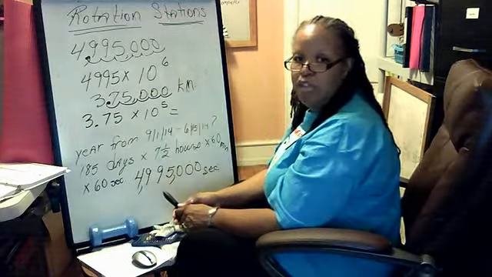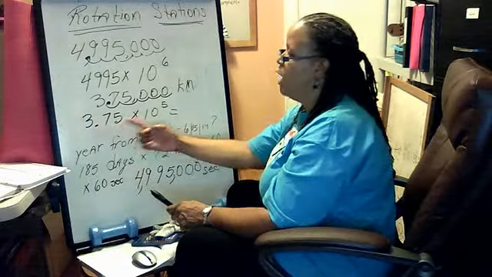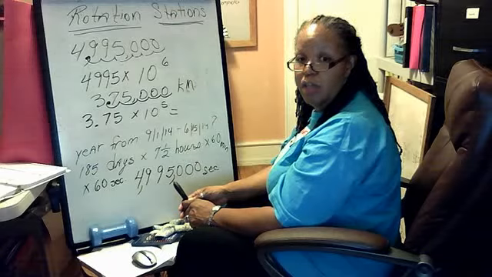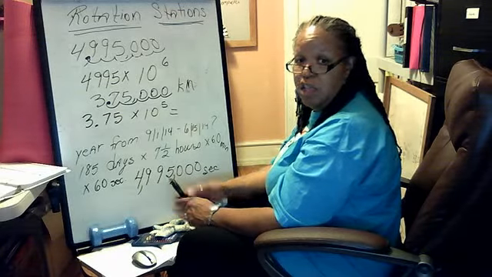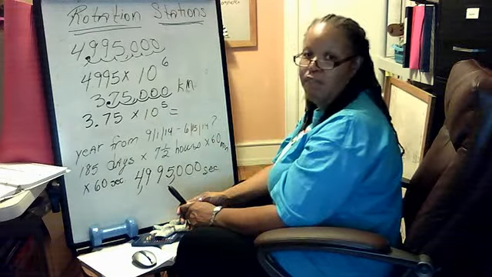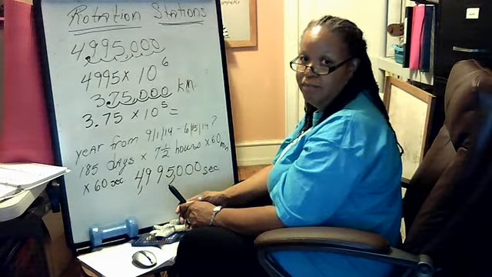Why don't you put in your calculator 3.75 times 10 to the 5th power? Do you get what you started with? If you do, you've done it correctly. You've written this number, 375,000, in scientific notation. All right?